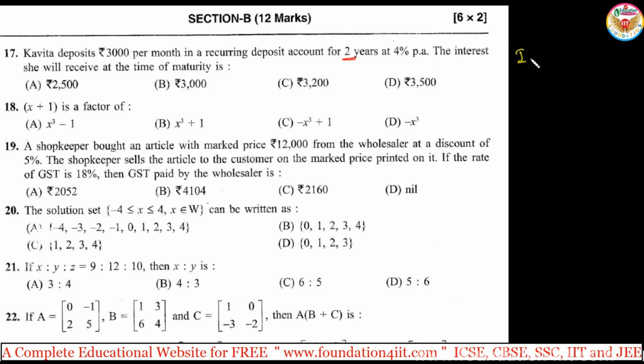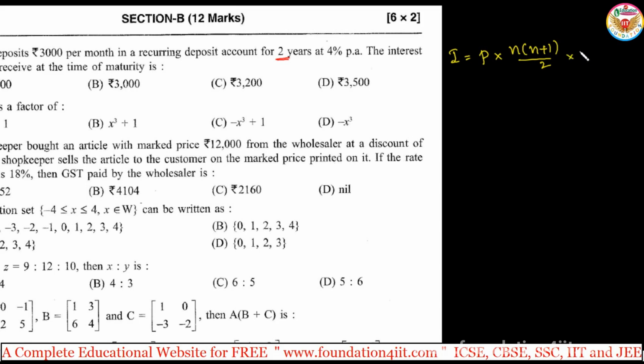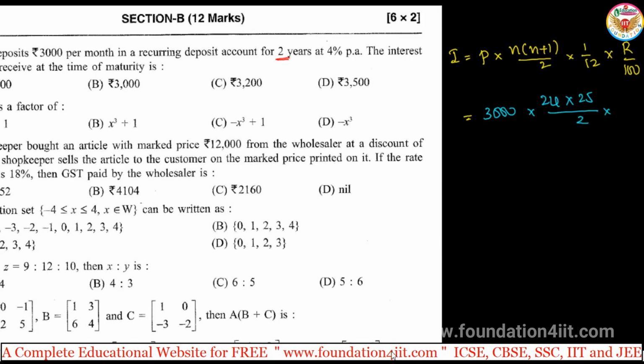Then the formula is interest equals P into n into n plus 1 by 2 into 1 by 12 into r by 100. In this formula, we'll substitute because we need to find the interest directly. P is the monthly deposit, that is 3,000, into n, the number of months. 2 years, so 12 into 2, 24 months, into n plus 1, so 25, divided by 2, into 1 by 12.